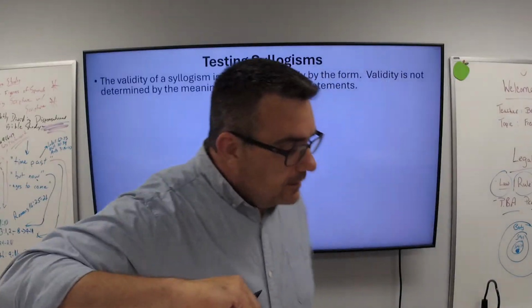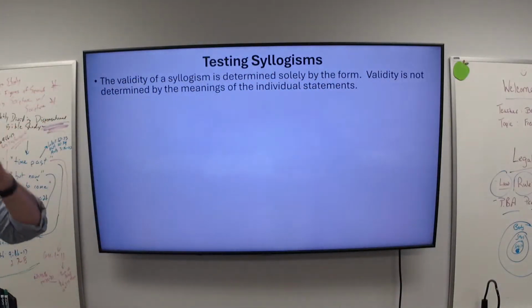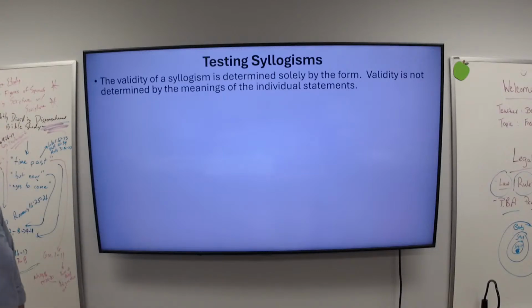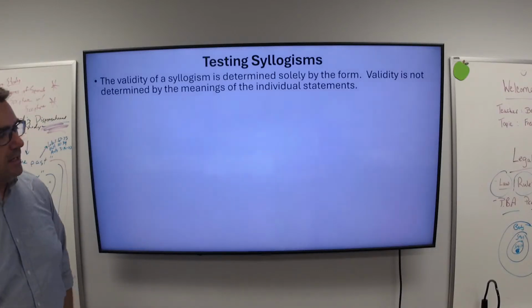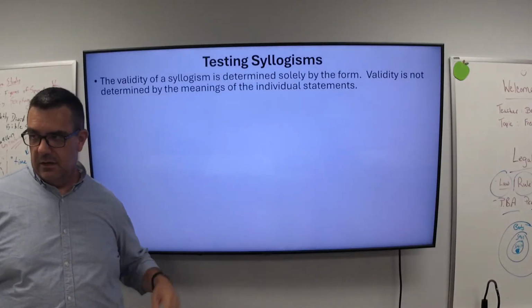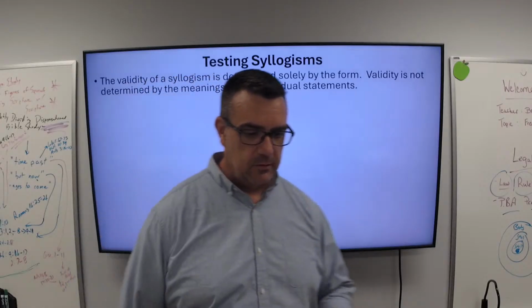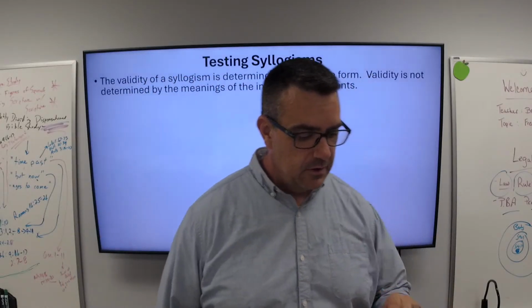So, the validity of a syllogism is determined solely by the form, as I've already said. Validity is not determined by the meaning or the truthfulness of the individual statements. It's determined by the form. I've already said that a bunch of times.